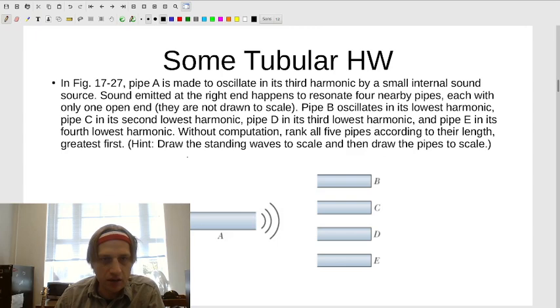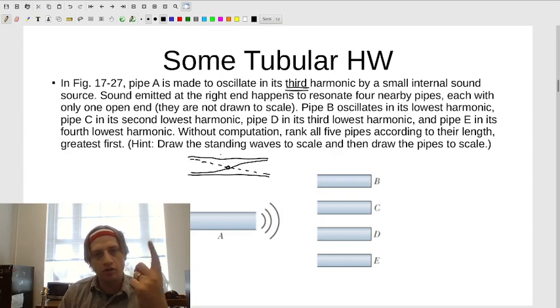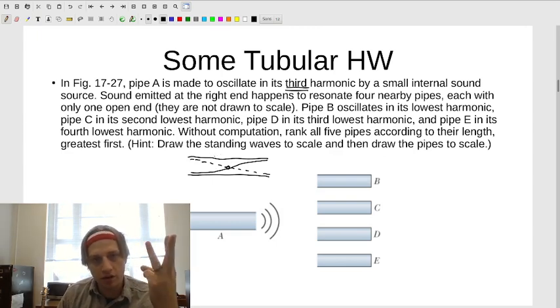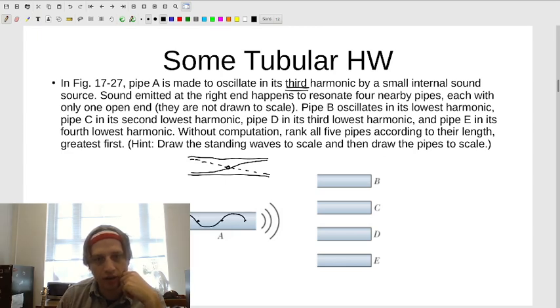In that case, our lowest harmonic would be like this, where we have our wave pressures going something like this. So if we are on the third harmonic, then this is one node. You'd have to go from one node to two nodes to three nodes. So in that case, it would be something like this, and our standing wave pattern would look something like that.